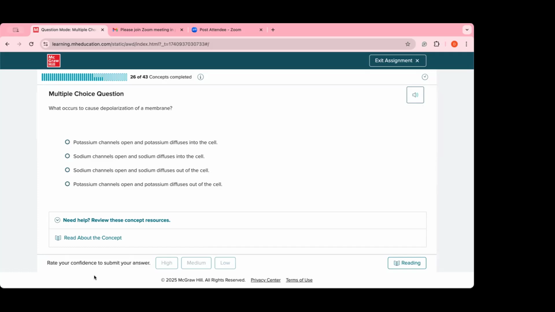So it's when sodium ion channels open, okay, and so the sodium ion channels open and sodium flows into the cell.